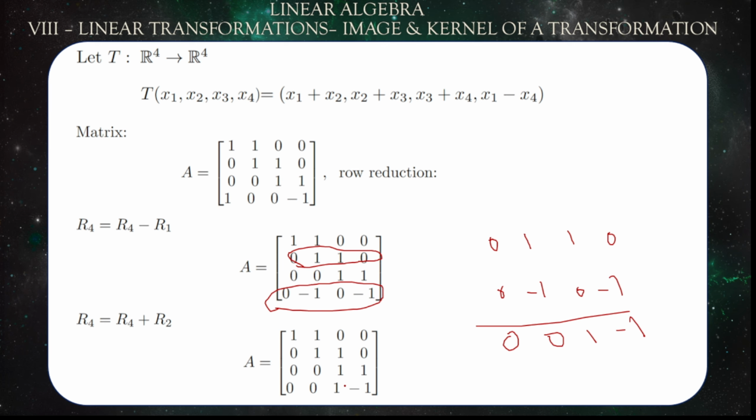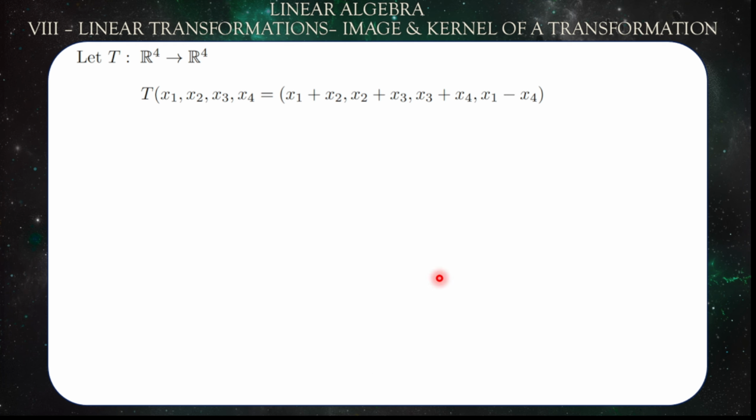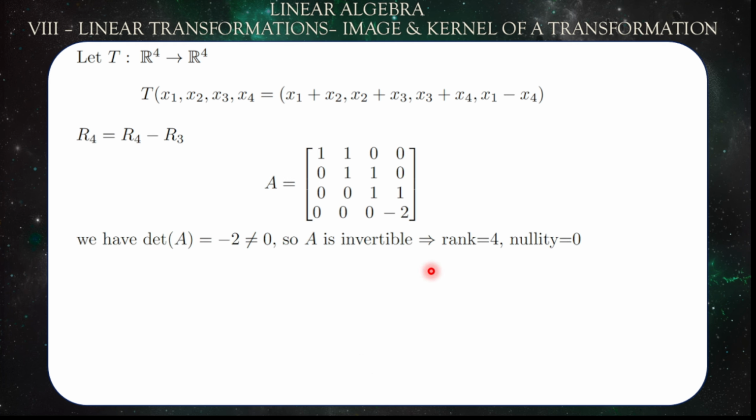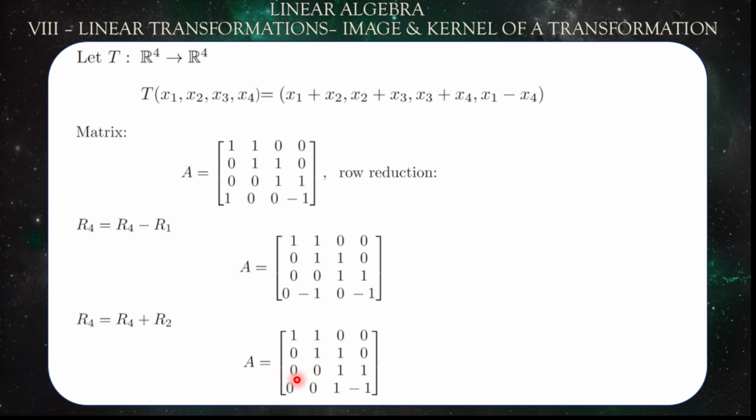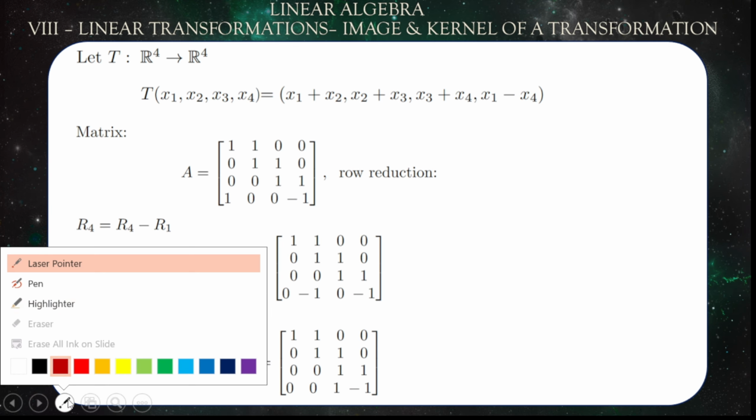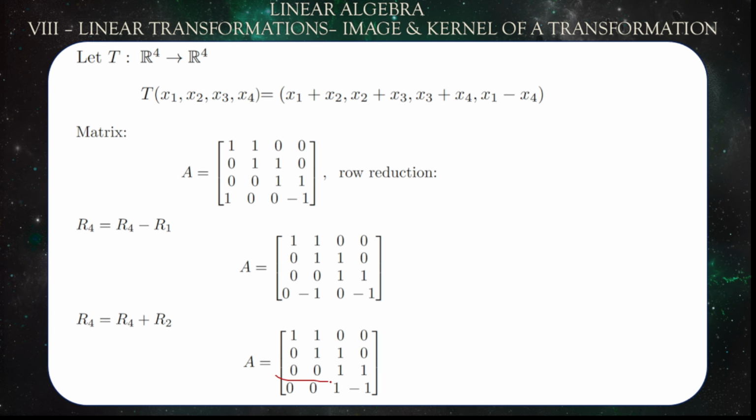Now let us get rid of this value here and render it 0. So R4 is equal to R4 minus R3. So this is row 3, this is row 4.